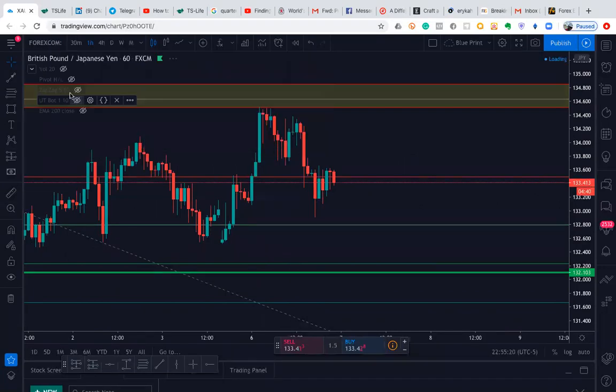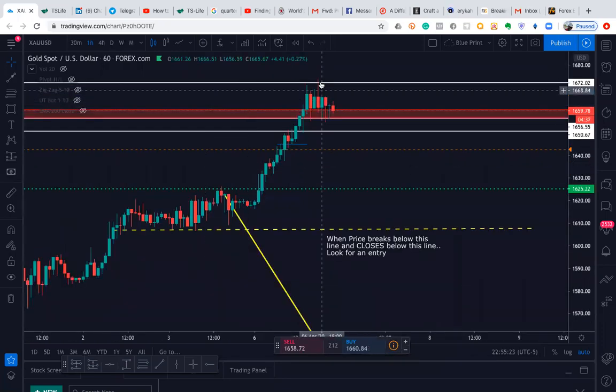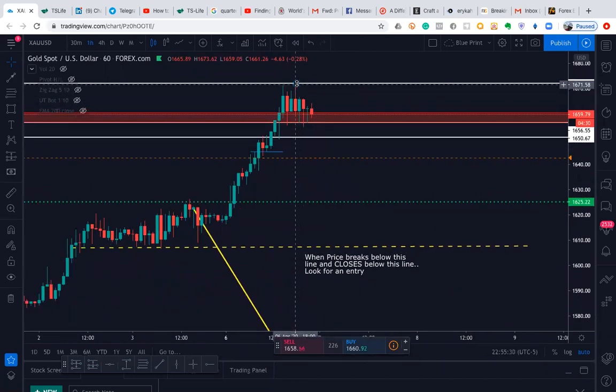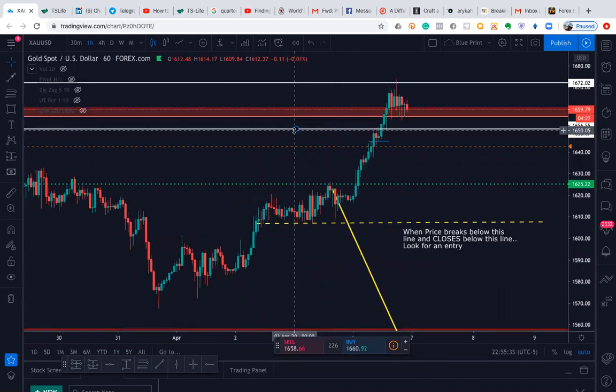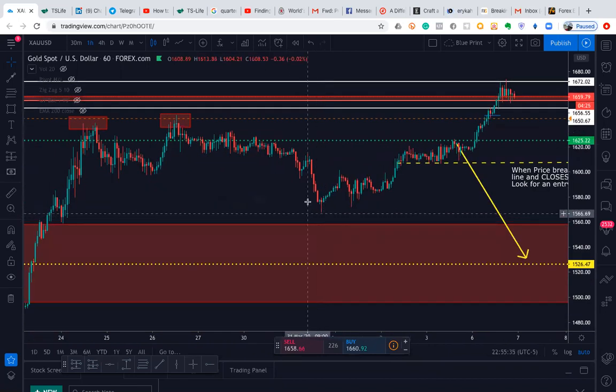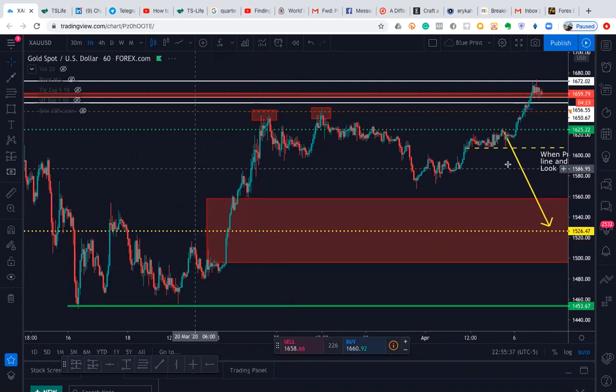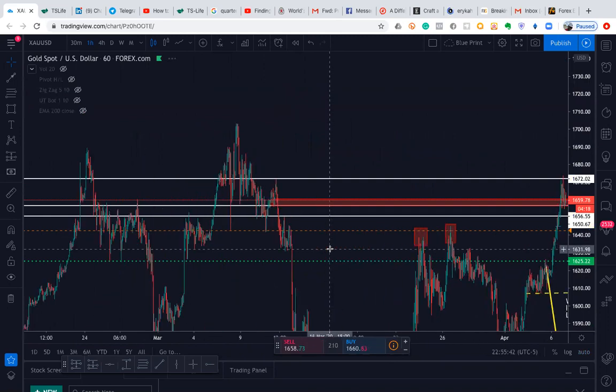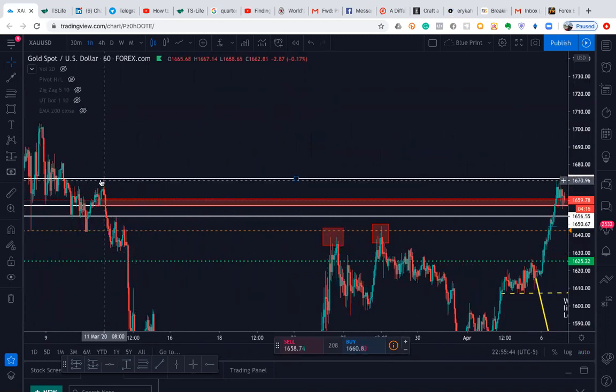XAUUSD. Let's see here. See, that's how I call gold right there. Price came and hit, because I had marked it up earlier today. I marked it based off of this high, then this higher high, and then this high.